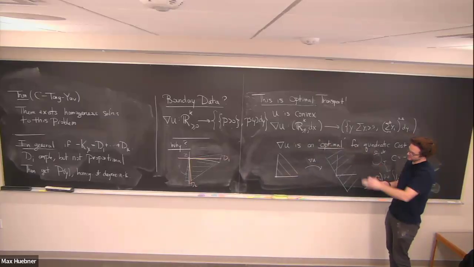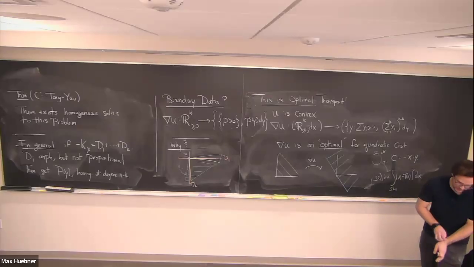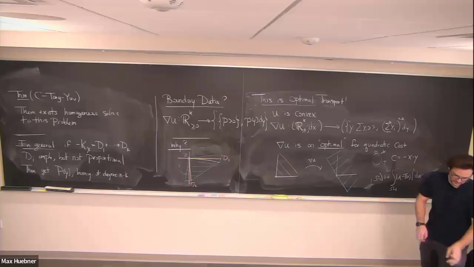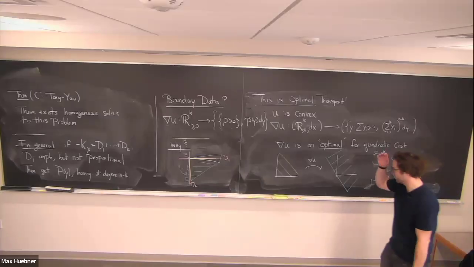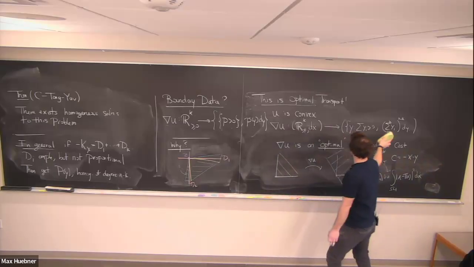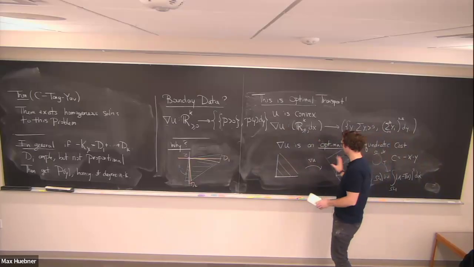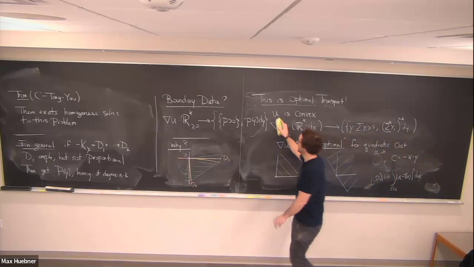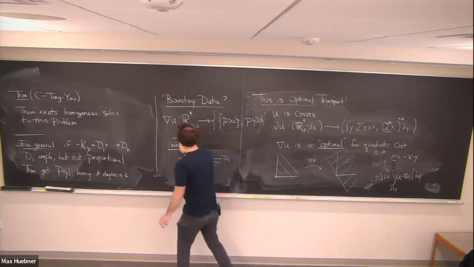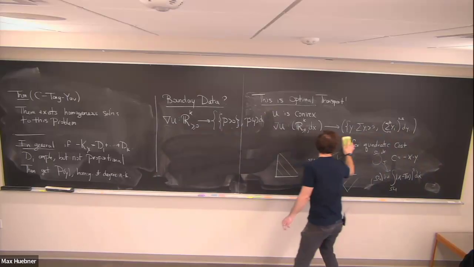Now I want to talk about this more general optimal transport point of view, because it turns out that these homogeneous solutions of optimal transport problems between convex cones are really fundamental in the regularity theory for optimal transportation.